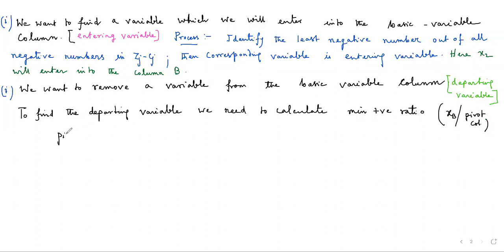What is pivot column? That is a big question. Pivot column is the column which corresponds to the entering variable.